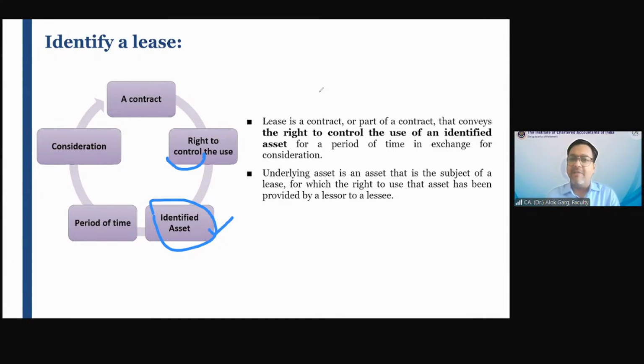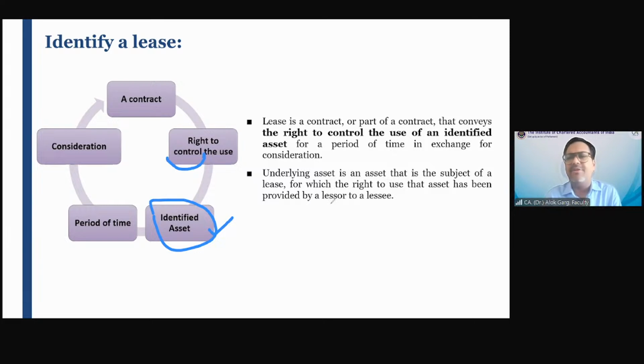Okay. So I believe you guys have understood the difference between right to use and right to control the use of an asset, right? At times, when a question comes into the exam and the question talks about evaluation, students forget to write right to control the use. The student normally writes right to use of an asset.